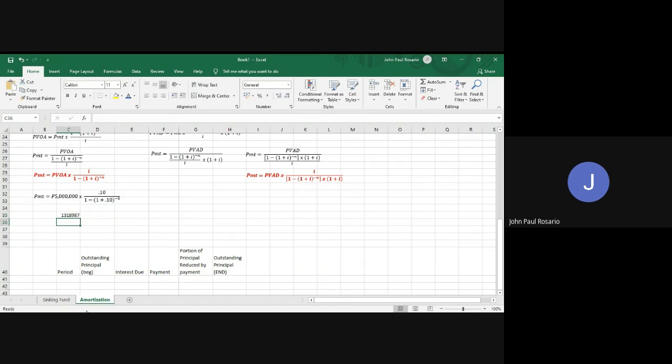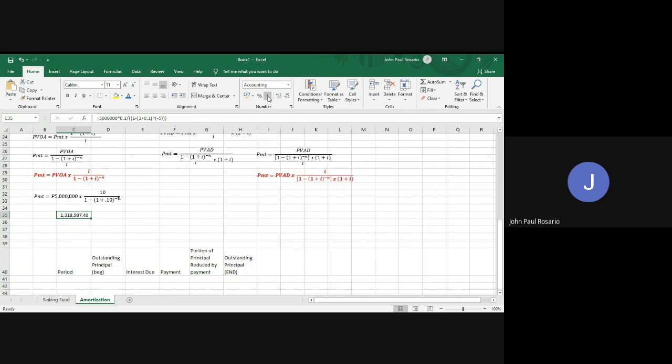So our annual payment now should be 1,318,987. I'm going to check this using my calculator, and I hope that you do as well. Let's confirm the validity of what I have inputted through our Excel. Yes, it's correct.